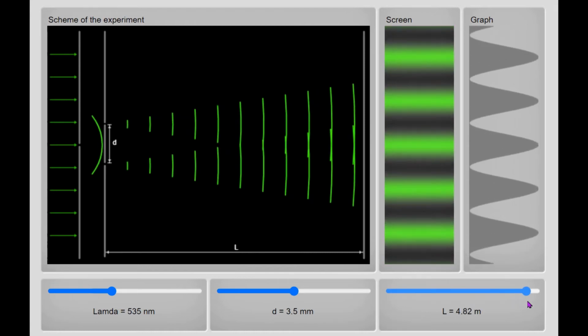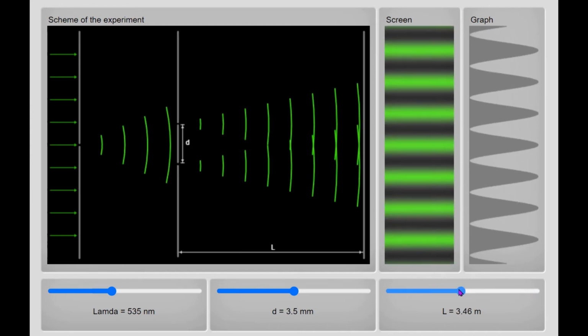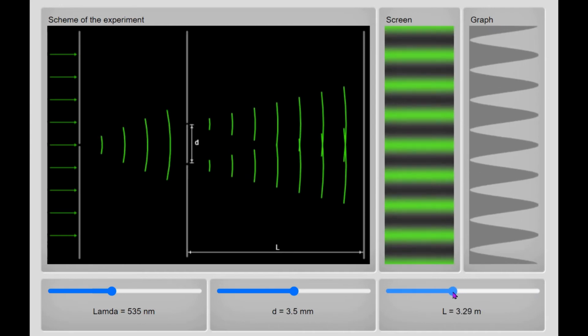So with this idea, let's derive Young's double slit equation, the derivation to find the width of each fringe, the fringe width.